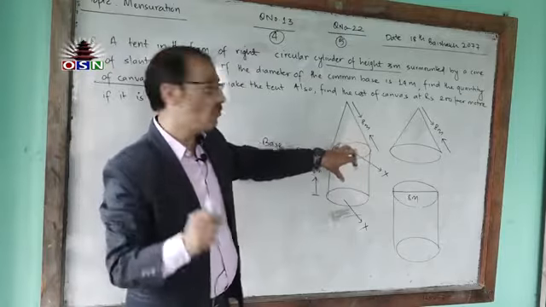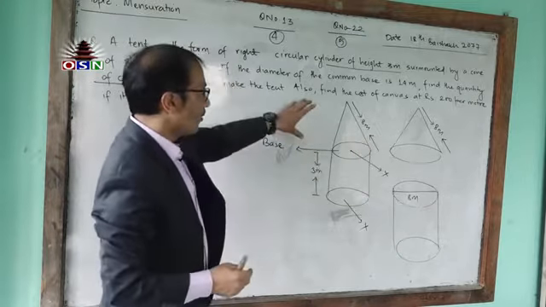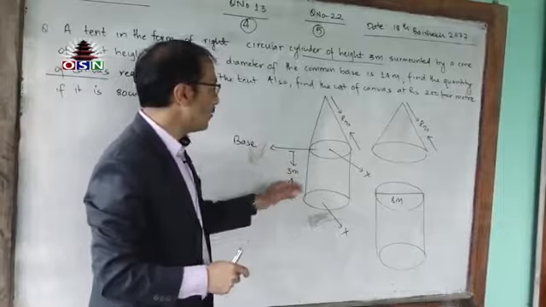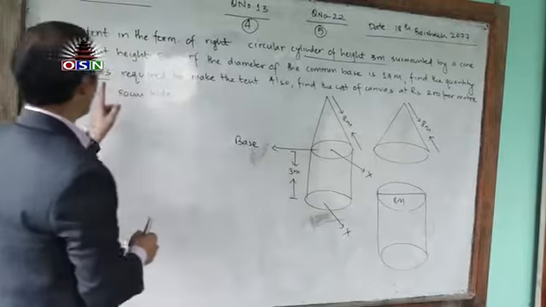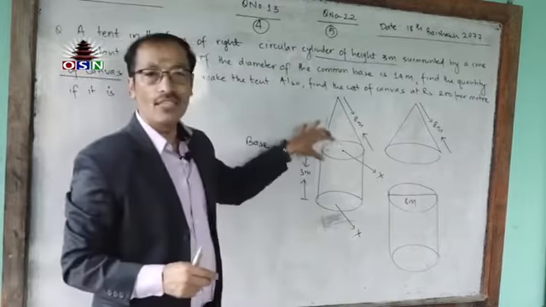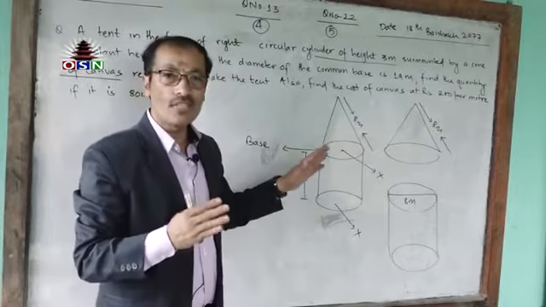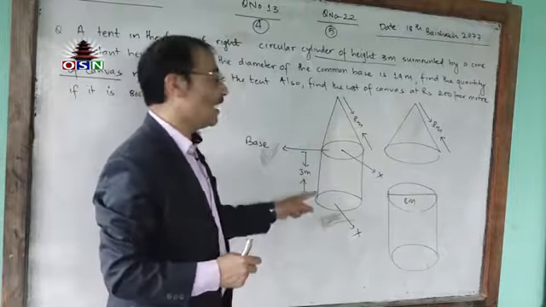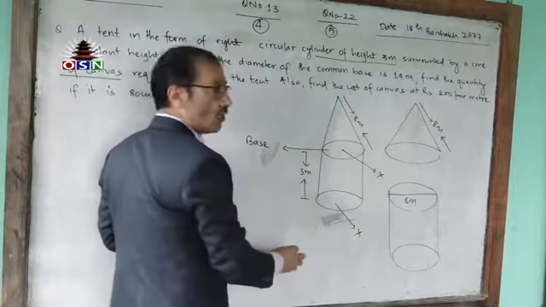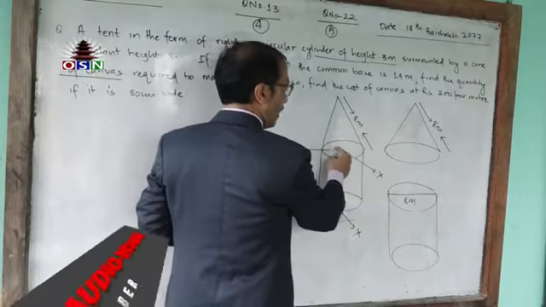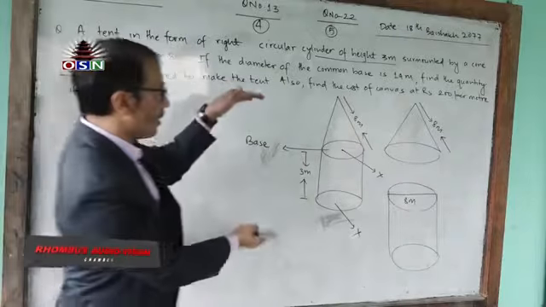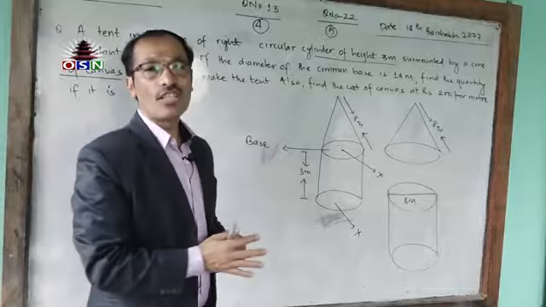If you want to find the total quantity of canvas used to prepare this tent, be clear that we need to find the total surface area, without including the area of the circular base. This is the master concept for you.